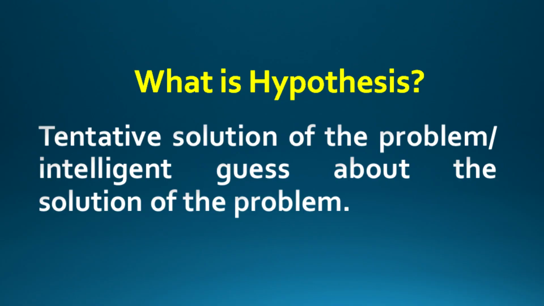There are a couple of ways and bases which you need to consider when you formulate the hypothesis. You cannot just, for the sake of it, formulate a hypothesis that way. A simple definition is a tentative solution of the problem, or an intelligent guess about the solution of the problem. So this is what the hypothesis is.